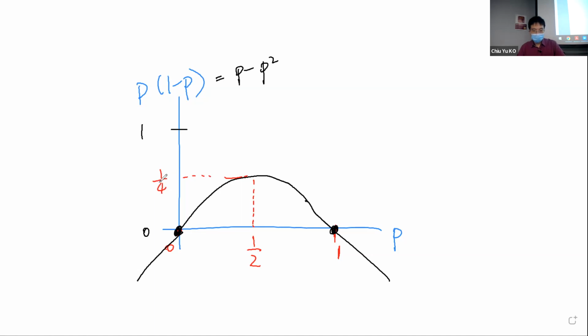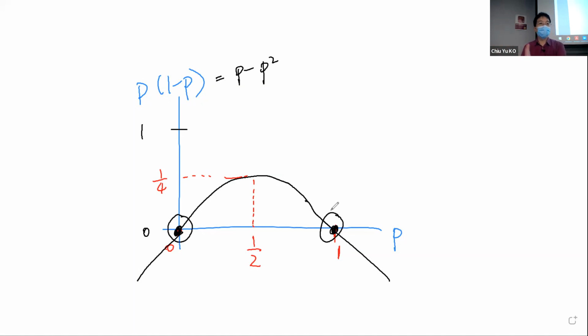So why is it true? Remember, variance looks at repeating this experiment many times, with probability P of success and 1 minus P of failure. To understand why we have these two, the first is very simple.